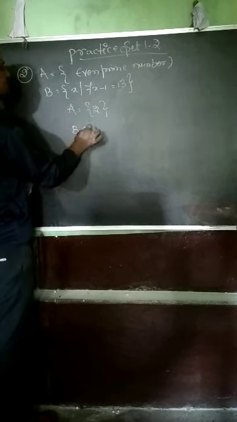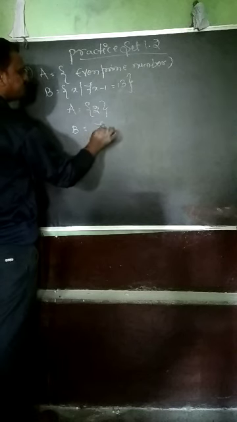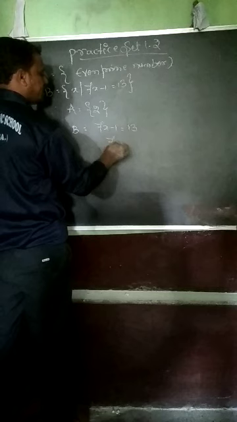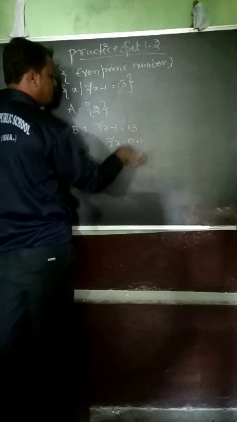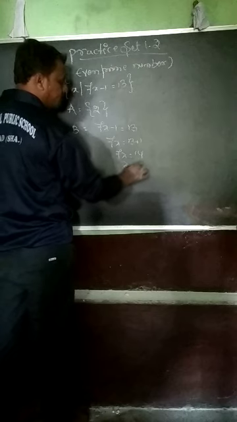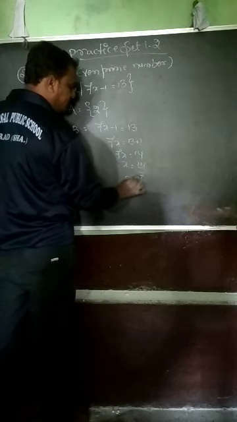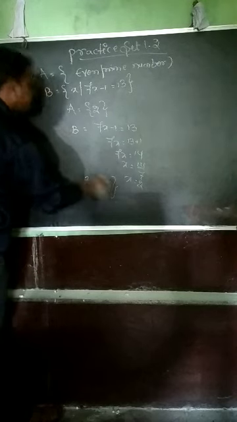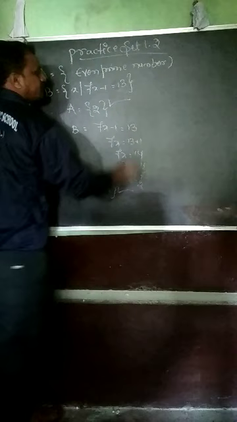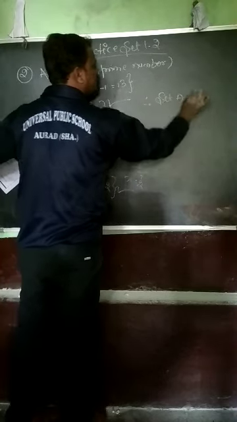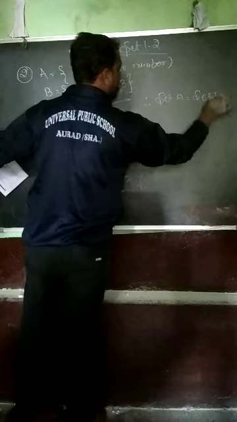B is equal to 7x minus 1 is equal to 13. 7x is equal to 13 plus 1. 7x is equal to 14, x is equal to 14 by 7, then x is equal to 2. That is, B is equal to 2. See here, therefore set A is equal to set B, right?